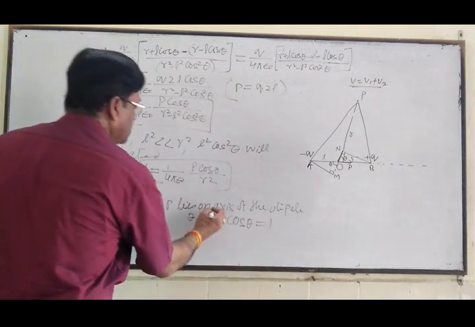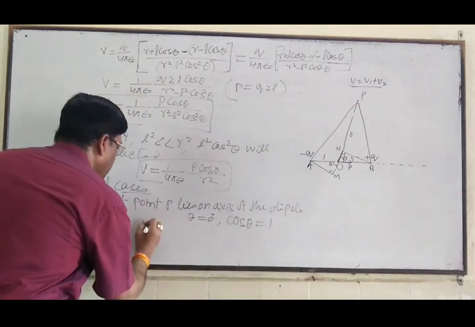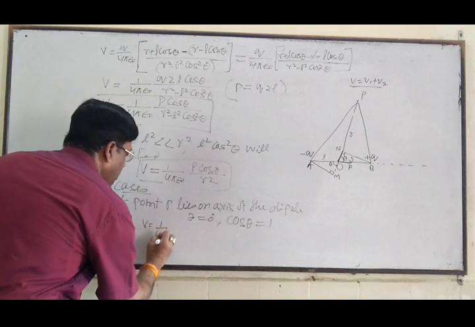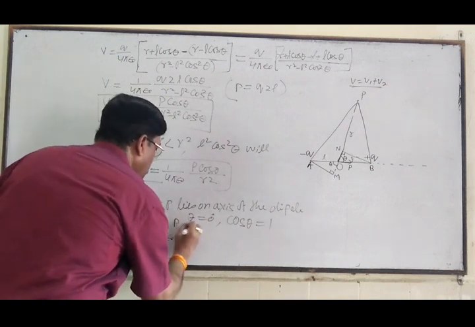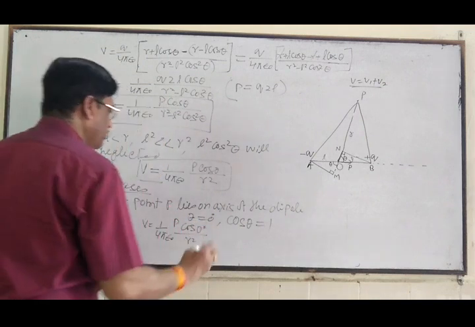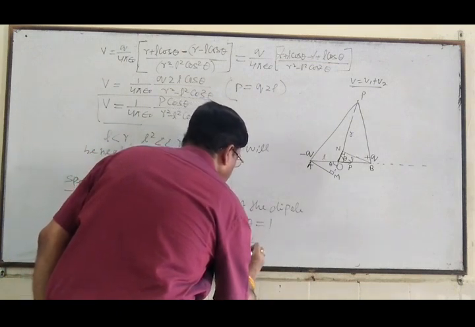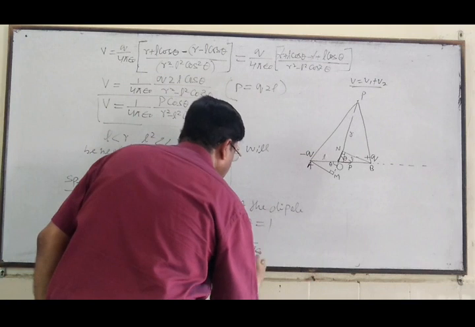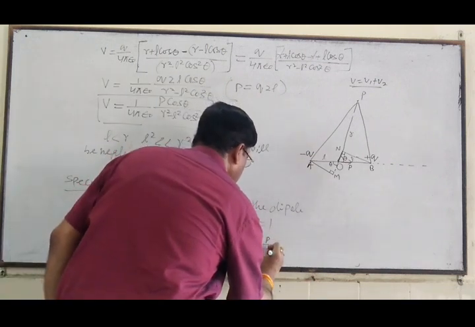Then you get V equal to 1 upon 4 pi epsilon naught P cos 0 degree upon R square. Then the final formula is V is equal to 1 upon 4 pi epsilon naught P upon R square.